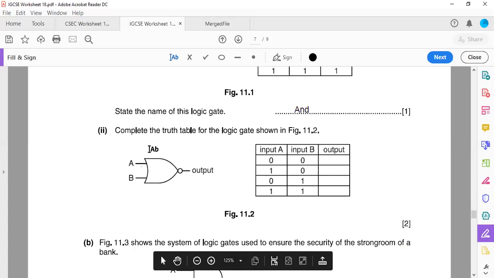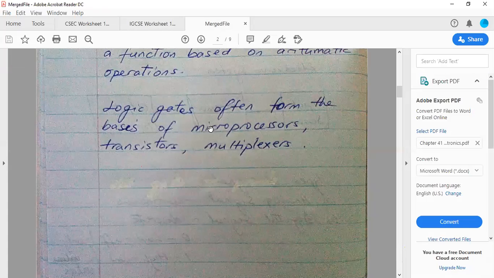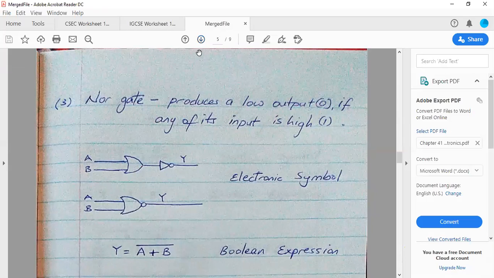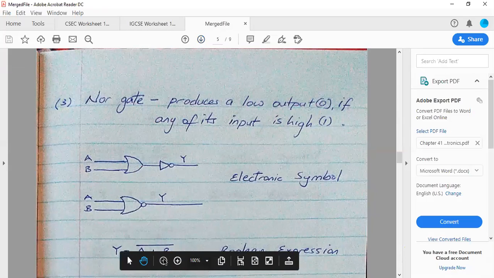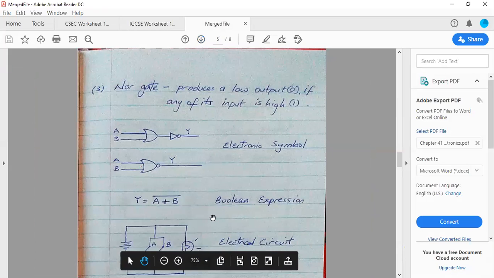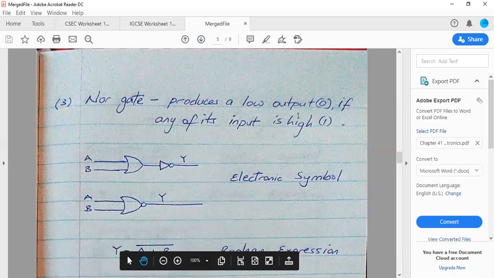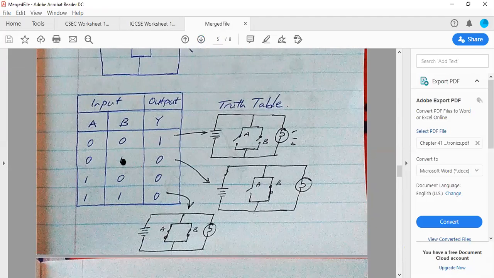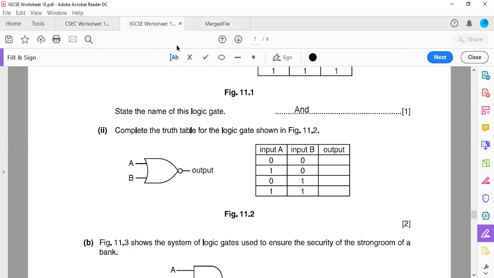So that's a NOR gate. In the NOR gate, we're going back to the file. The NOR gate is as follows. For the NOR gate, we say that a NOR gate produces a low output if any of its inputs is high. So you get a 0 once any of the inputs is high. So we're going to complete the table now. So once the input is high, you're going to get output as 0.